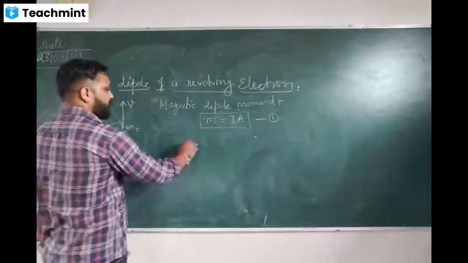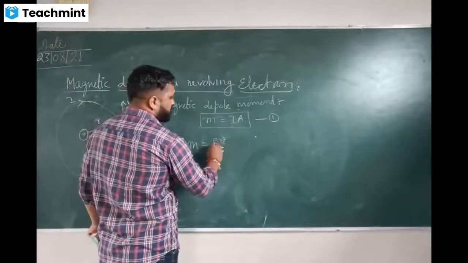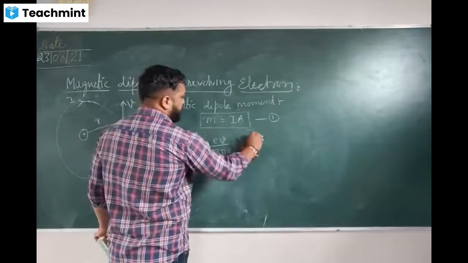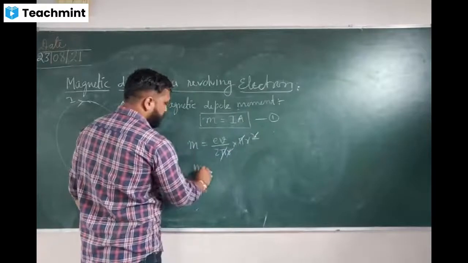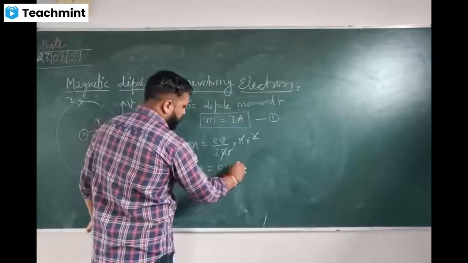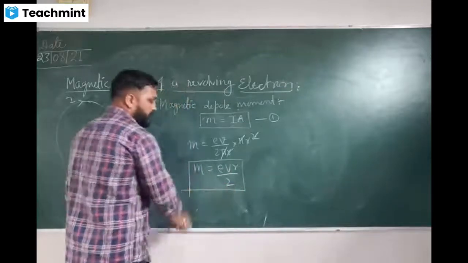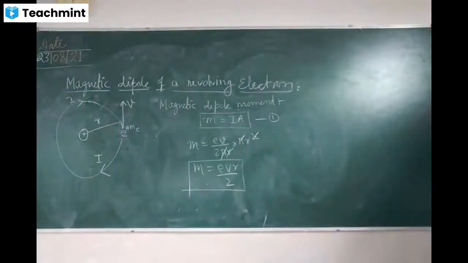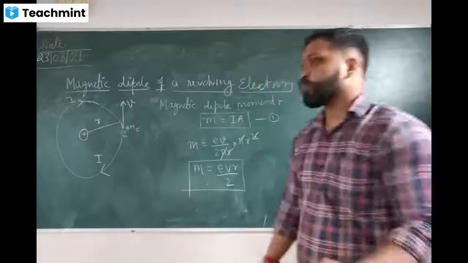That is ev upon 2 pi r into pi r squared. Pi cancels, r cancels, and it becomes evr upon 2. This is the magnetic moment associated with a revolving electron, and that equals evr upon 2.